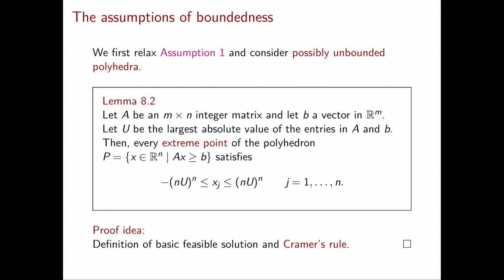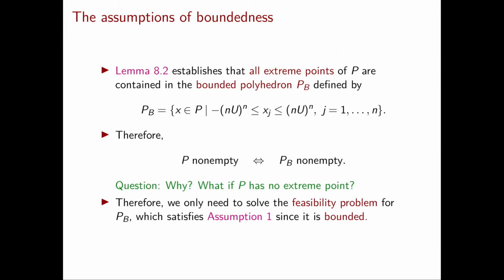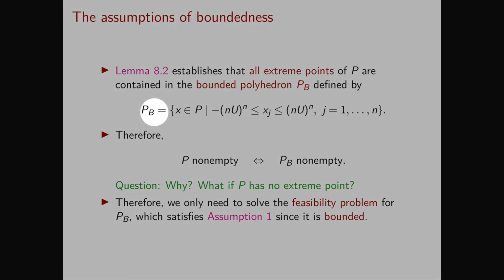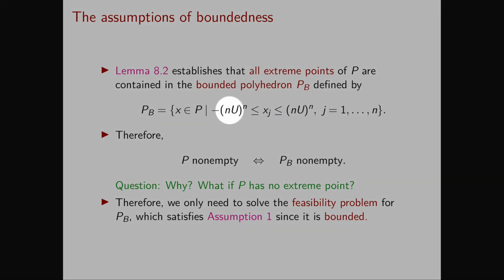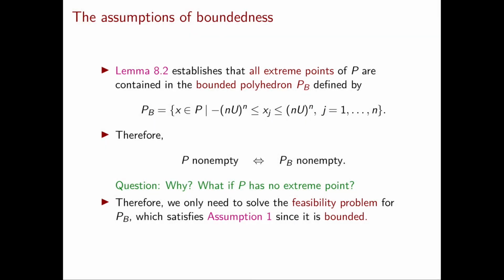Everything you need to do is use the definition of basic feasible solution and then use Cramer's rule to obtain the bound. In particular, Lemma 8.2 implies that all the extreme points of P are contained in the polytope PB. PB consists of all the points in our original polyhedron P that have all coordinates xj between minus U to the n and U to the n.